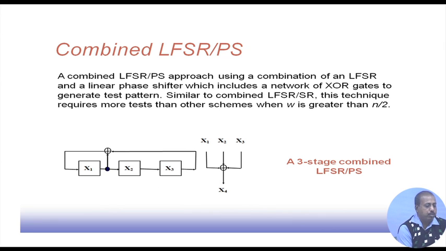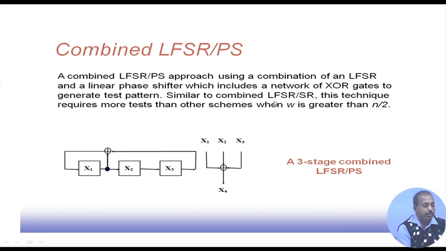Sometimes we also use a phase shifter. Previously, after the LFSR stage we added a shift register. Now we add a phase shifter. What is done is that x1, x2, x3 are summed up and this x4 input is generated. So this is a combined LFSR and shifter approach, a combination of an LFSR and a linear phase shifter, which includes a network of XOR gates to generate test patterns.